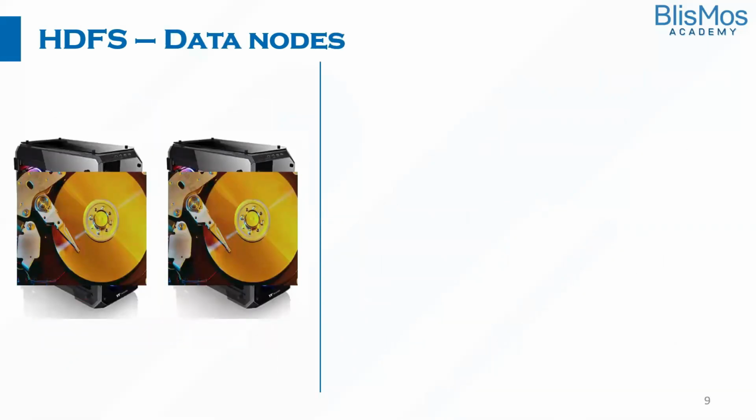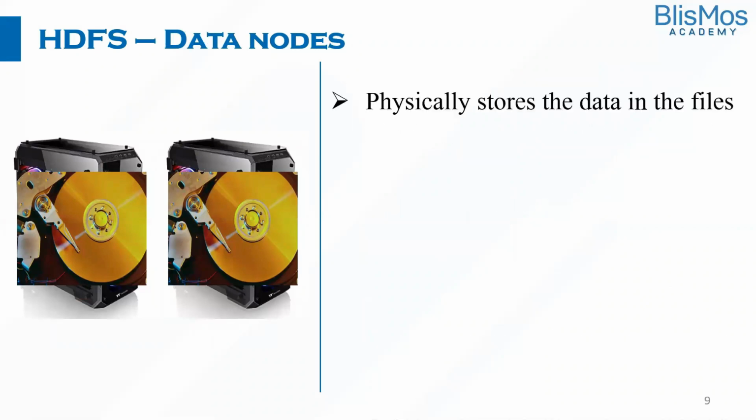Then what is data node doing? First and foremost, data node is the one which is physically storing the data in the files. Whatever data you have split into smaller chunks, those smaller chunks are stored as a part of the data node.